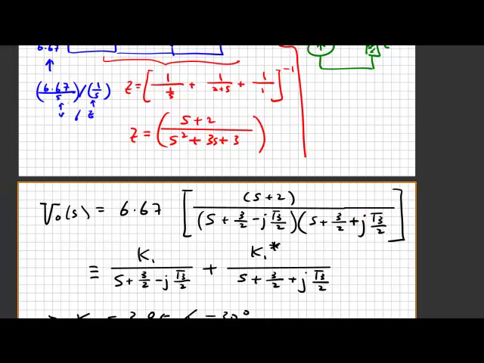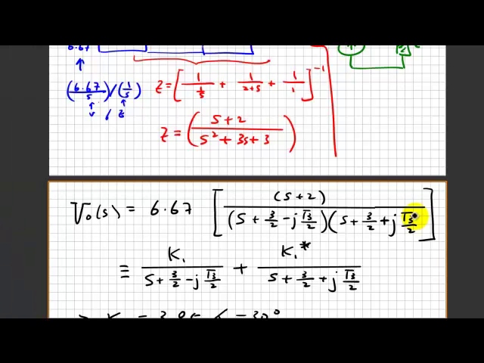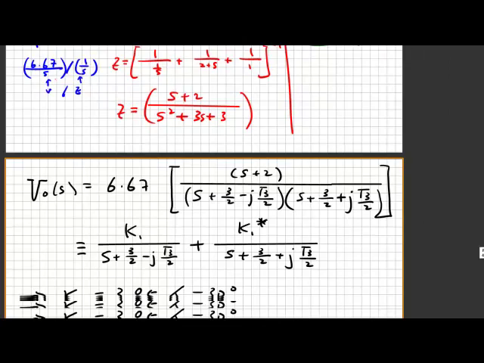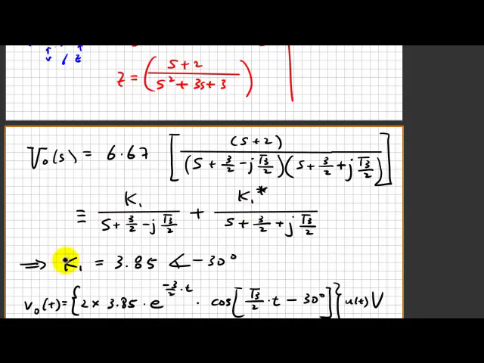So I have to make this complete. Once you get to this point and find what k would be, eventually this is 3.85 with the angle minus 30 degrees, and if you use your calculator to output it in polar form, this should be something you're looking for.